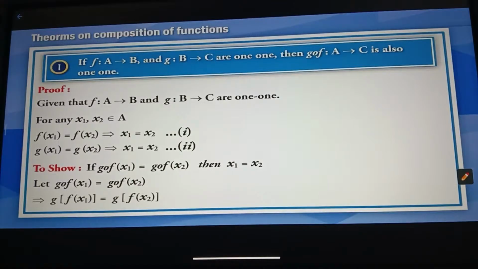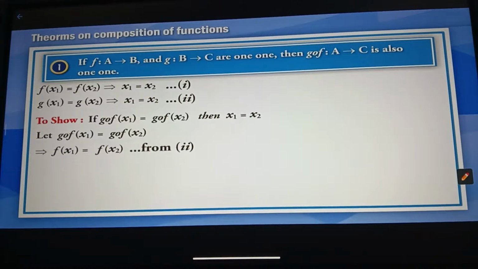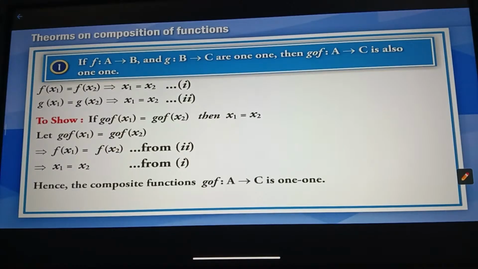From equation 2, this implies f of x1 is equal to f of x2. And from equation 1, this further implies that x1 is equal to x2. Hence, the composition of functions f and g from A to C is 1-1.